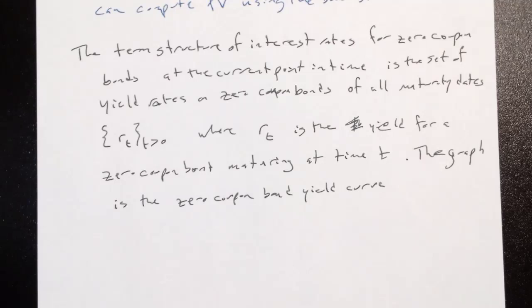R_T is the yield. That's got to be an annualized thing, right? I've got to do it in comparable units. Let's nail this down a little more tightly.